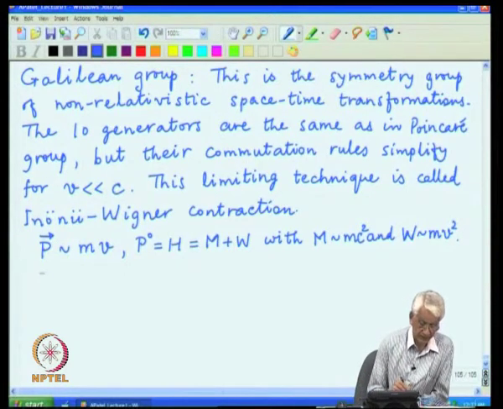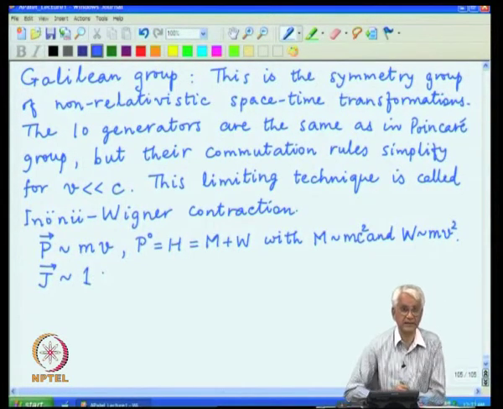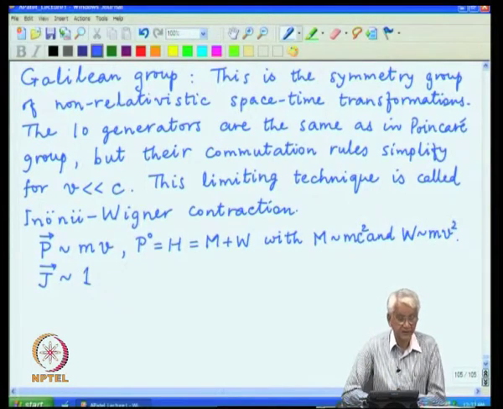The angular momentum will just be of the same order 1. It is actually quantized in units of Planck's constant in quantum theories and has no dependence on the velocity of the particle at all.